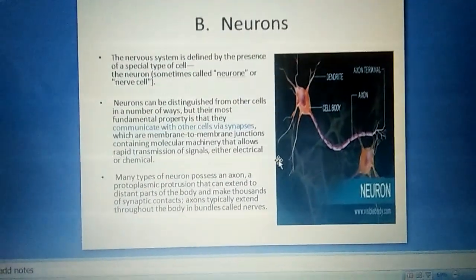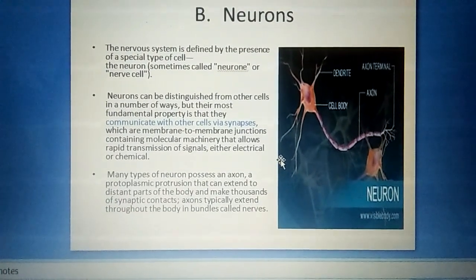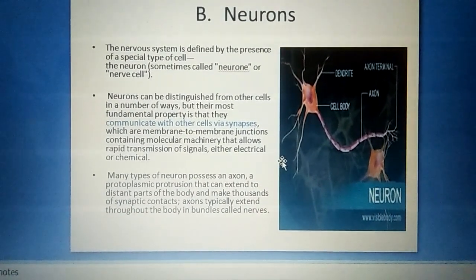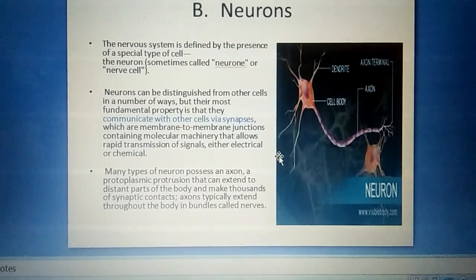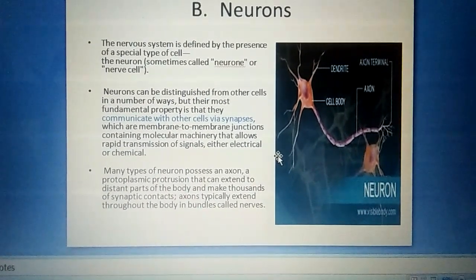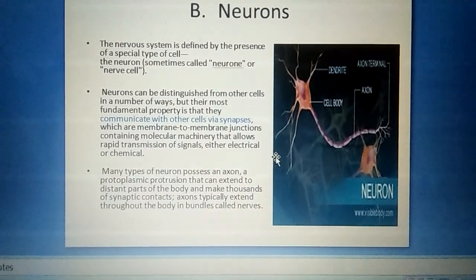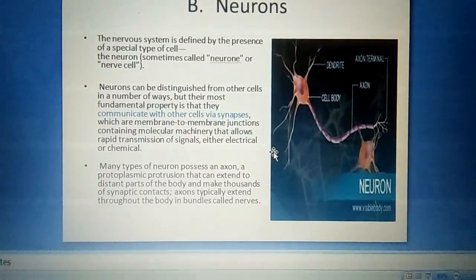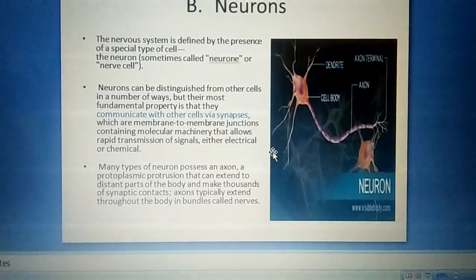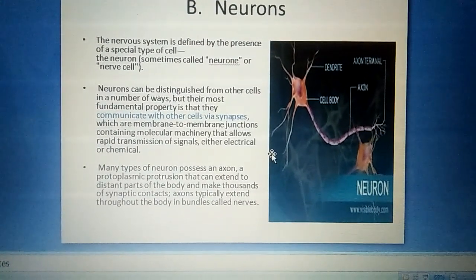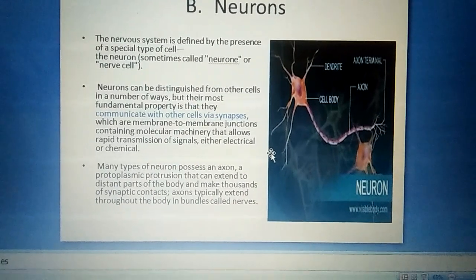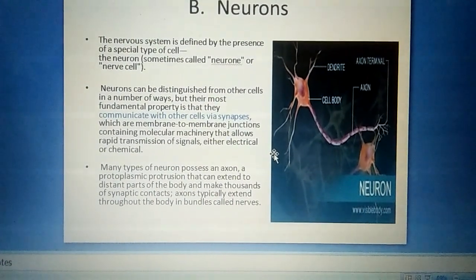The nervous system is defined by the presence of a special type of cells, the neurons. Neurons can be distinguished from other cells in a number of ways, but their most fundamental property is that they communicate with other cells through synapses, which are membrane to membrane junctions containing molecular machinery that allows rapid transmission of signals, either electrical or chemical.